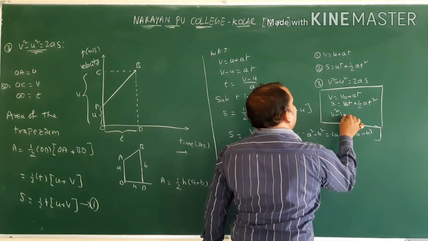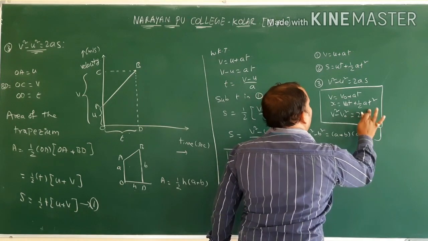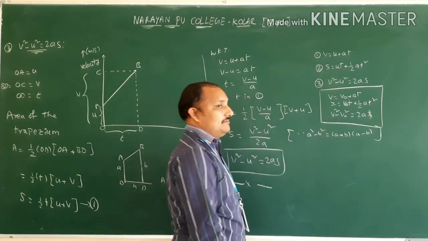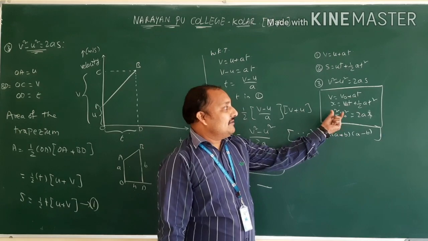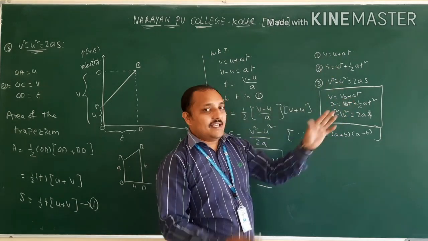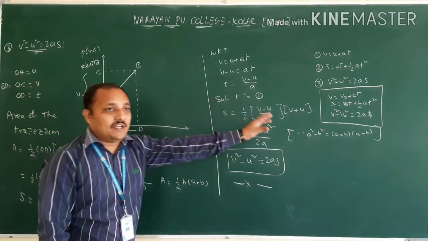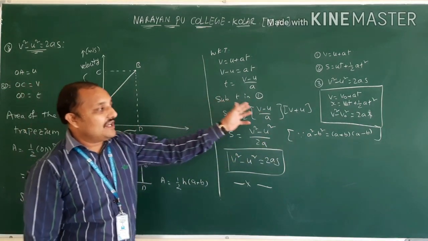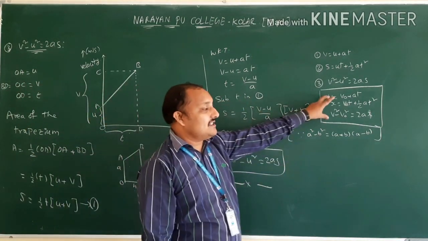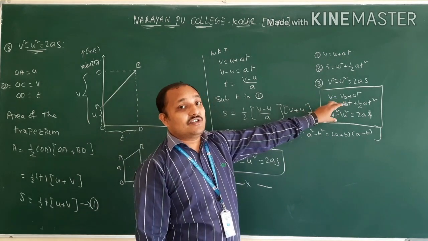V square minus V0 square equal to 2AX. You can derive it with the same graph, but in place of U you should take V0, and in place of S you should take X. So these 3 equations we call the equations of motion.